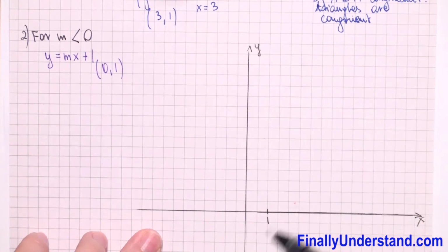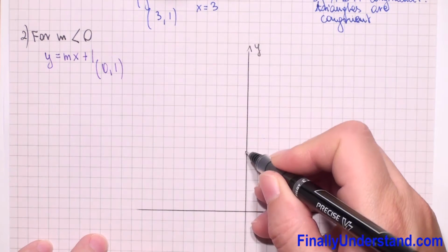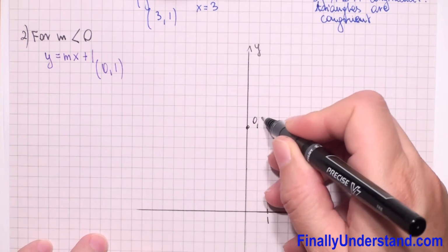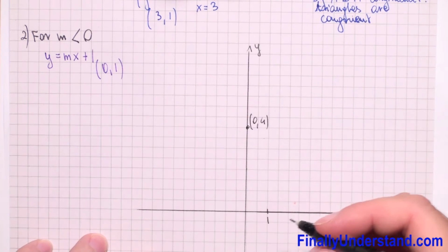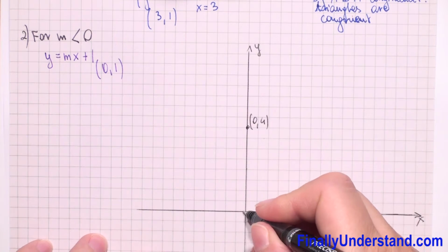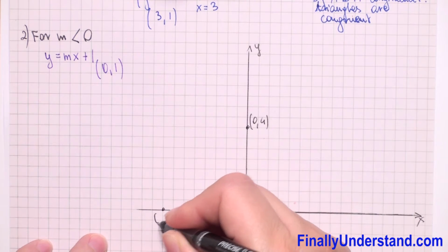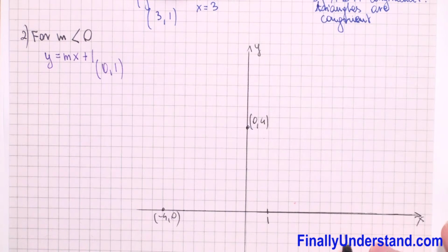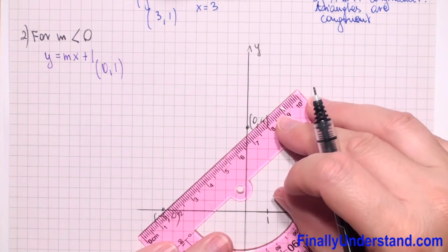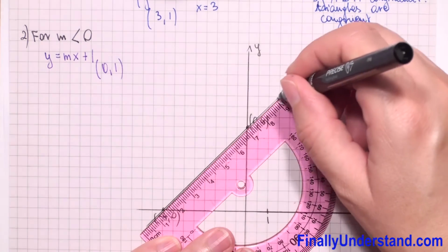So let me copy this. We have point (0, 4) and point (-4, 0). Now we can connect these points, and we have the first line.